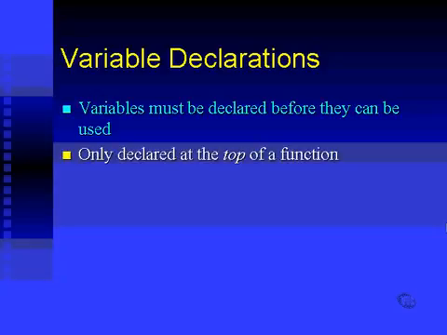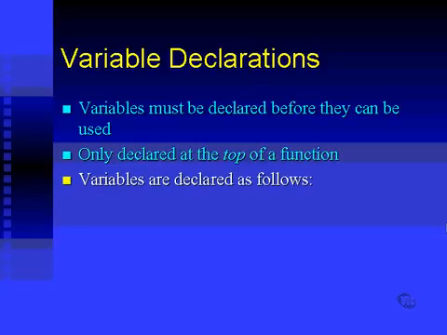Also, you must declare variables at the top of a function. This means that you cannot arbitrarily declare a variable just before you're going to use it halfway down a function; you'll get a compiler error if you do. So just remember, if you get that error, to go and put the declaration back at the top of the function where it belongs. It's quite simple.